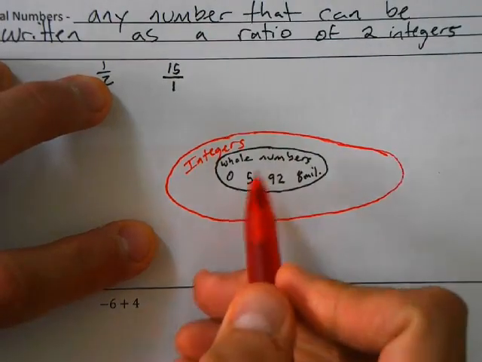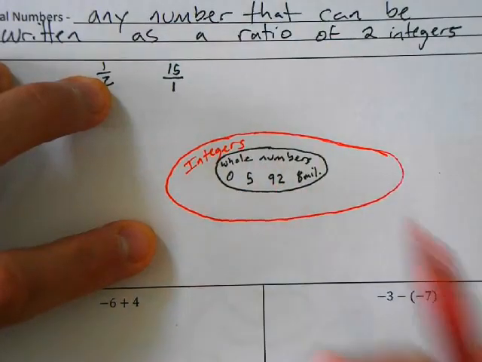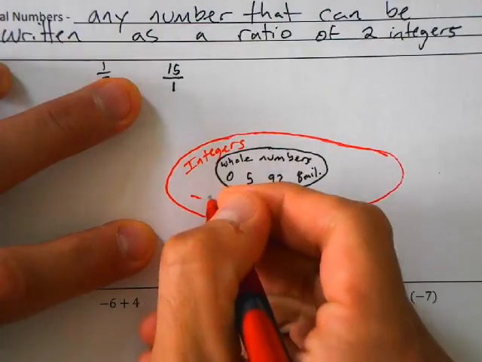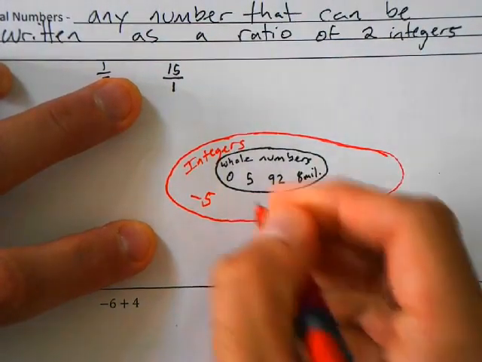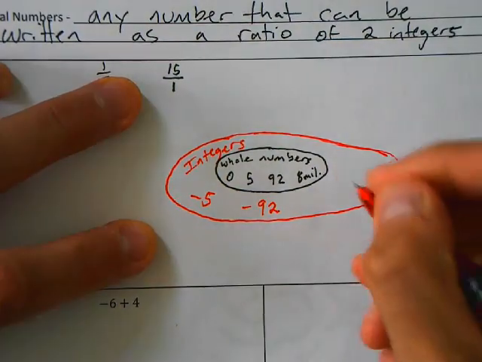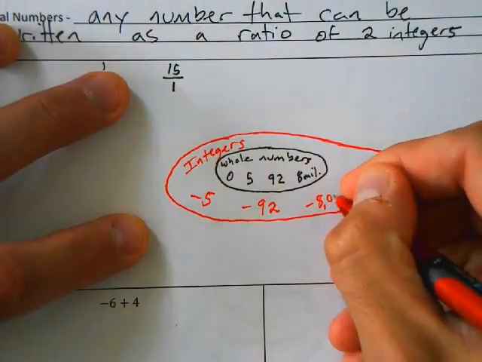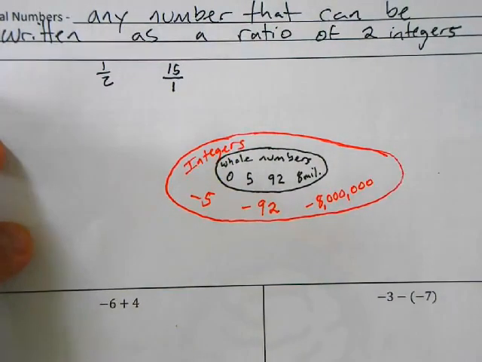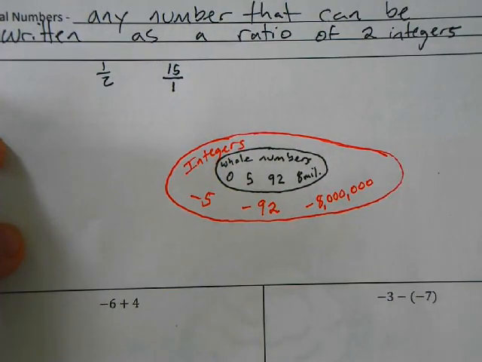Integers are all of the whole numbers inside, and then all of their negative opposites. So for example, -5, it's the opposite of 5. -92, it's the opposite of 92. And -8 million, it's the opposite of the whole number 8 million. But there's a whole class of numbers that doesn't fit in here. And you're probably like, yeah, I know, fractions, decimals, percents, oh my.